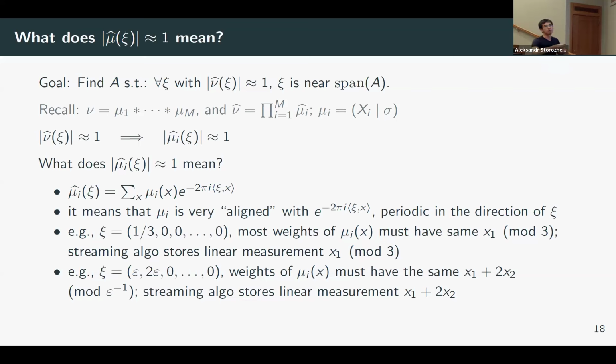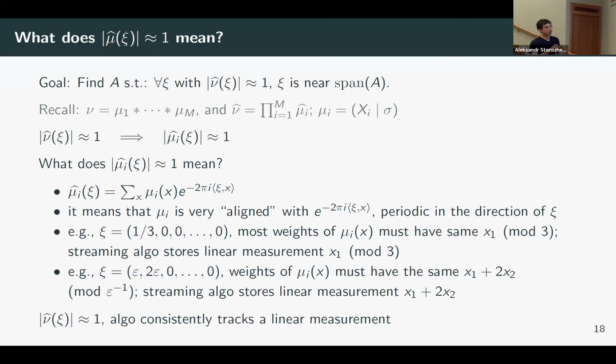Then if that's already more than the radius of all the vectors that we care about, effectively we would like to say that everything in the support should have the same x1 plus 2x2. So this is equivalent to saying the streaming algorithm actually stores the linear measurement x1 plus 2x2.